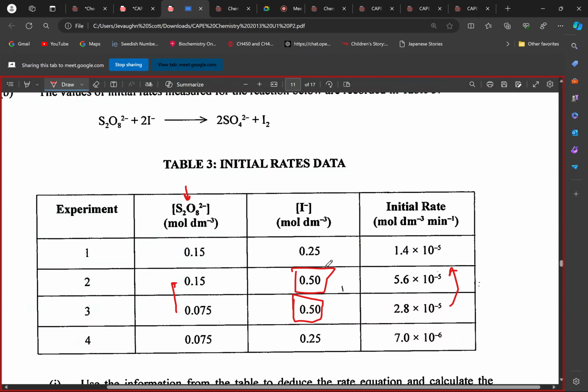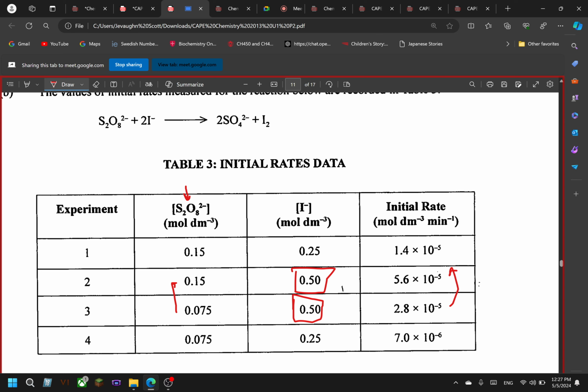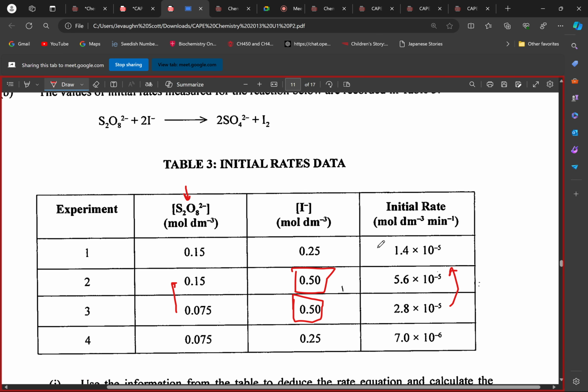So if the concentration of thiosulfate doubles and the rate also doubles, what order is this? First order. So the reaction is first order with respect to that ion. Everybody's fine with that?